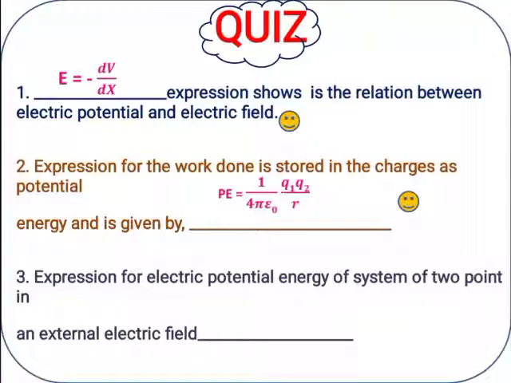Second, the expression for the potential energy in the absence of electric field, that is PE is equal to 1 by 4 pi epsilon naught Q1 Q2 divided by R. Then the third derivation: PE is equal to 1 by 4 pi epsilon naught Q1 Q2 divided by R12 plus Q1 V1 plus Q2 V2.